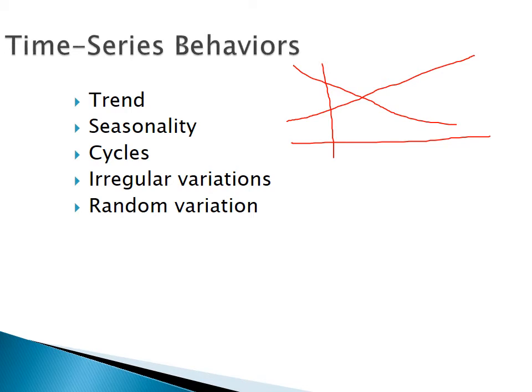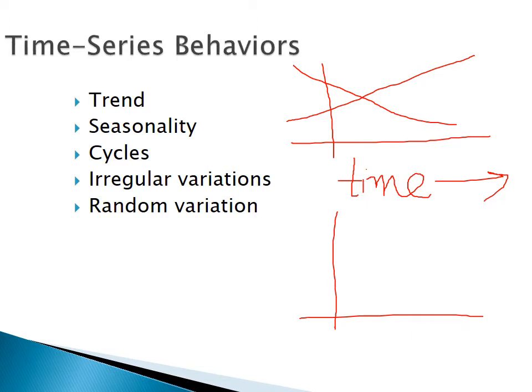Again, please remember, time is plotted on the x-axis. In seasonality, there can be seasonal variables. Maybe in the winter the demand is more, or in the summer the demand is low. This can be winter, this can be summer, and so on.